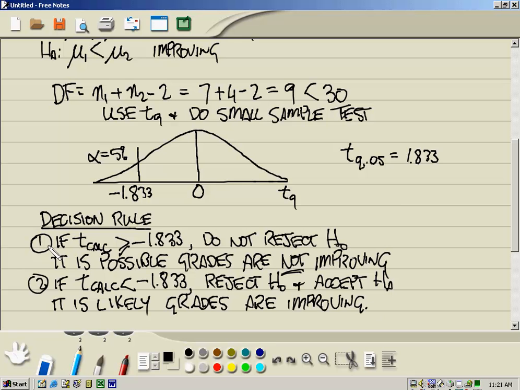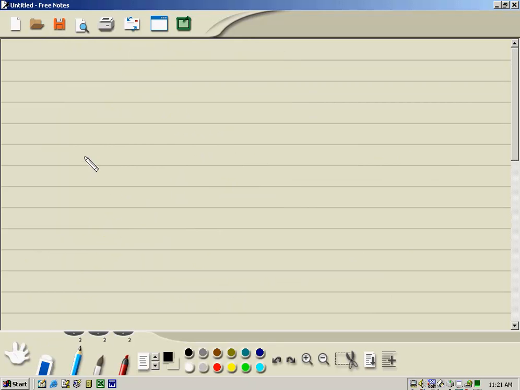Now we're ready to do our calculations. Let's do our calculations on a different page. Alright, first thing we need to do is sigma hat, the combined sample standard deviation.